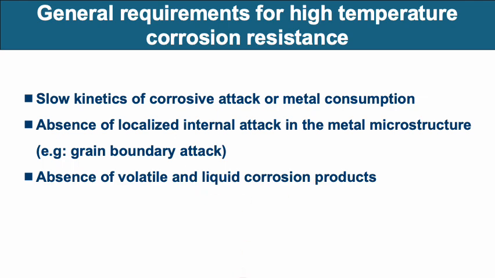So what we want to form is something like this. I want to have a material, this is the material, let's say, and this is an oxide scale that forms. So this is your substrate. This is the component that you use in service.